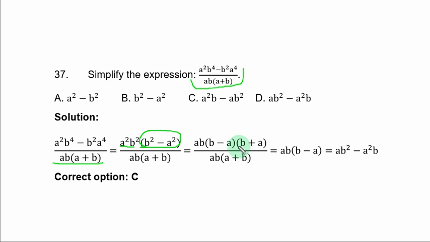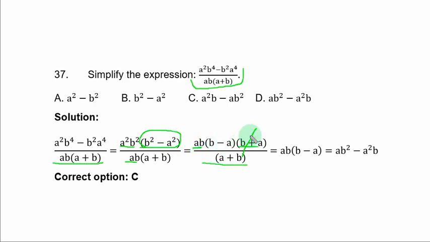Addition is commutative. That means you can express b plus a as a plus b, and it cancels off this. So if that happens, we are left with b minus a. You have to note what happens here. You divide a squared b squared by ab. You are left with only ab in the numerator.